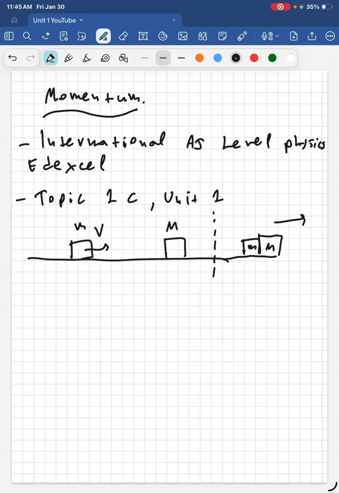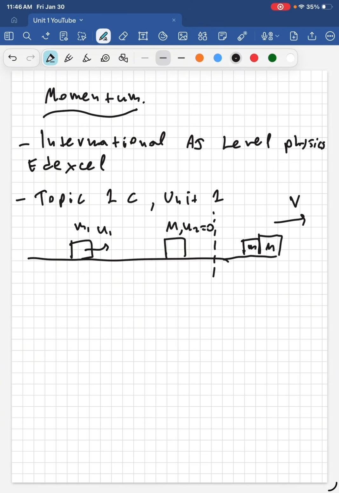So this initial velocity, let's call it U, because we have the Suvat equations in mind. So let's call this M1, and maybe this is U1, and maybe U2 is 0 because stationary, and at the end they move together with some velocity v. Okay, so things move in one dimension.